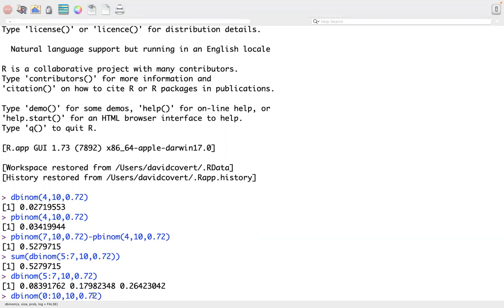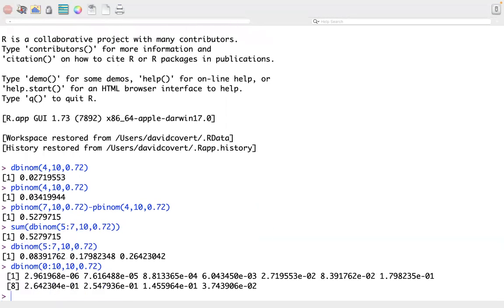And this will give you the 11 values. There are 11 values because you have 11 different numbers of successes that you can have. You can have 0 successes, and then 1, 2, 3, 4, all the way up to 10 successes. So there are 11 different outcomes. And this gives you these values to whatever accuracy you'd like.